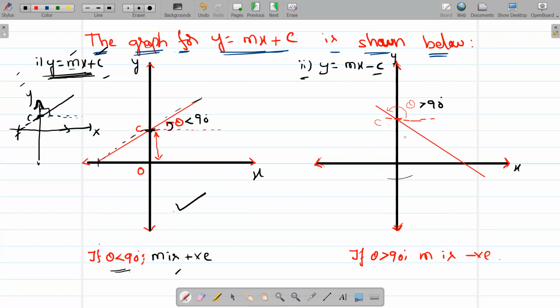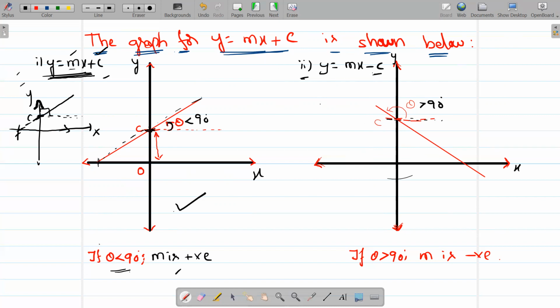You have to follow this point carefully. This is not the graph for this. C should be on the negative y-axis, but here we have taken it on the positive y-axis, just to give you an idea about whether you are following or not. I have taken this graph.